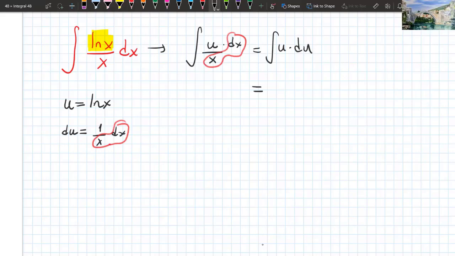What's the integral of u? Same as the integral of x: u squared over 2 plus c. So instead of u, we write ln x: ln x squared over 2 plus c is our integral. Finish. That's it.